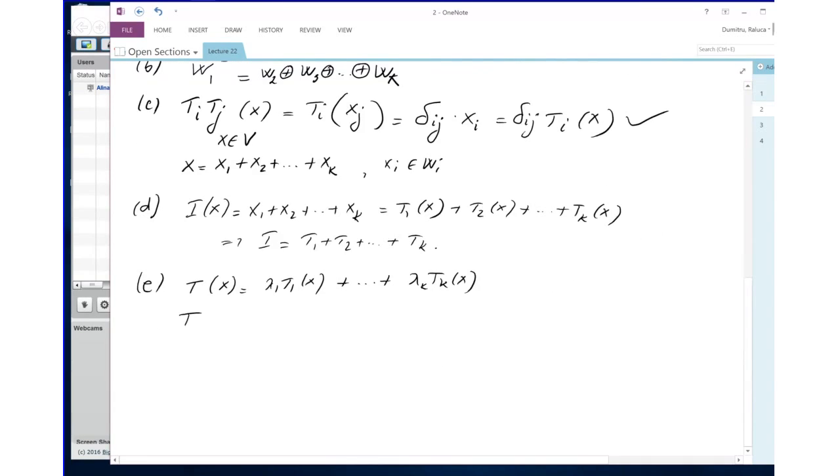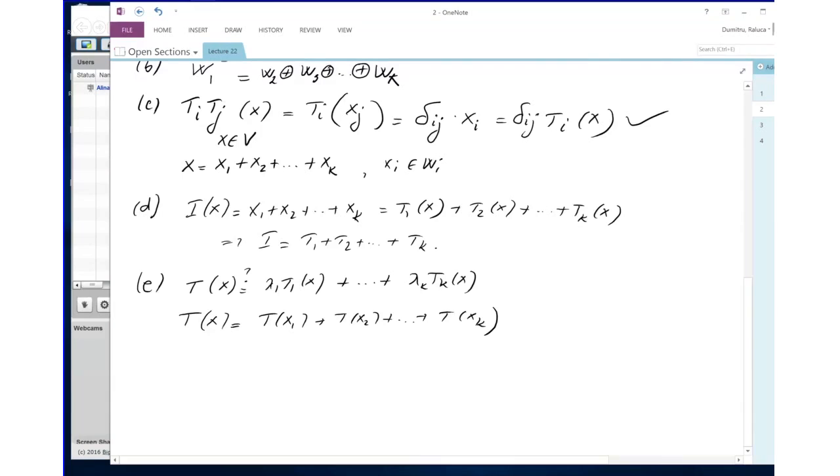All right, so let's see T of x. This is what we need. T of x is, well, x is x1 plus xk, so T of x is T of x1 plus T of x2 plus T of xk.